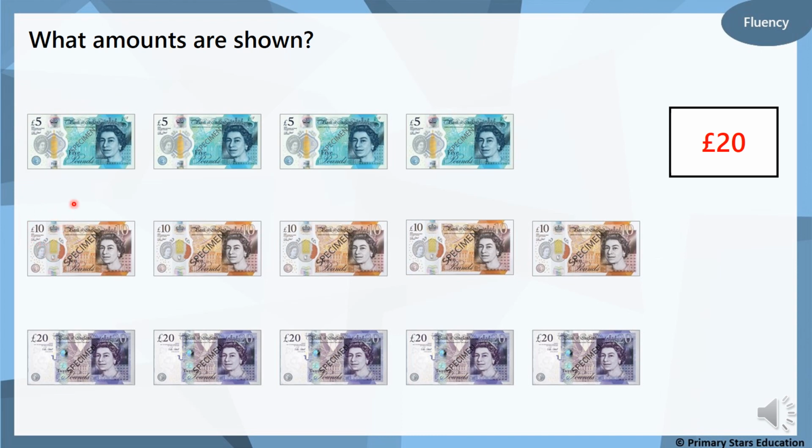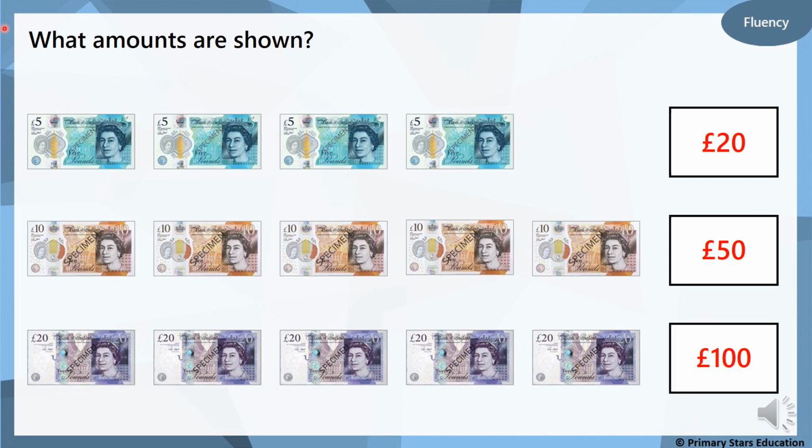We've got 10, 20, 30, 40, 50. £50. And let's count in jumps of 20. We've got 20, 40, 60, 80, 100. There's £100 shown there.